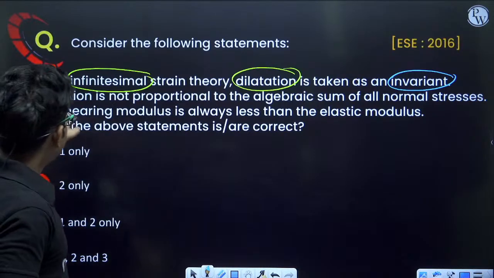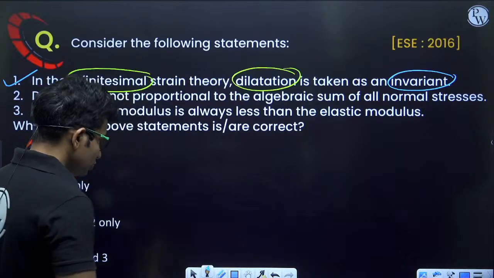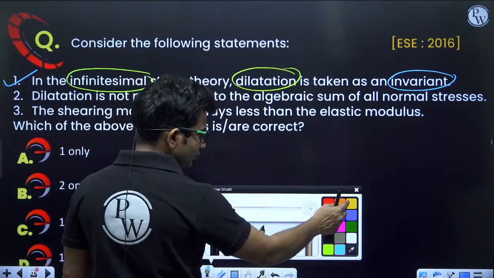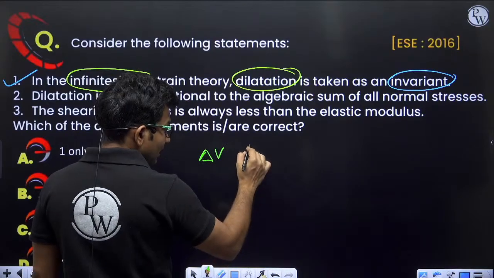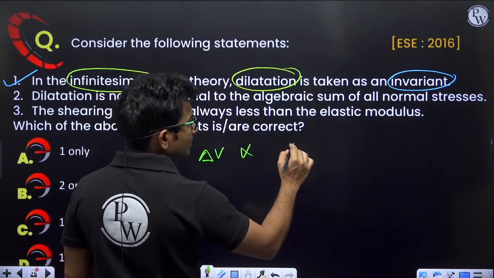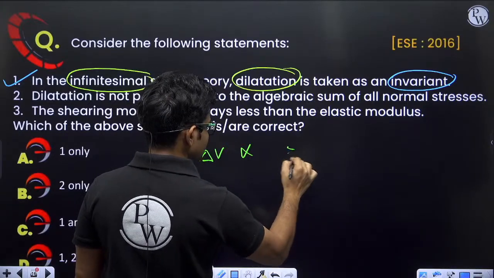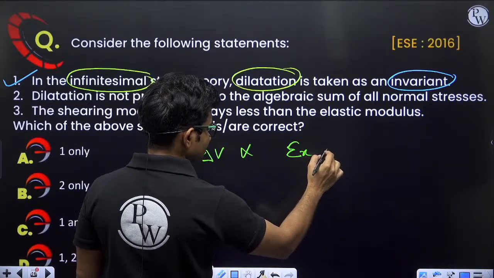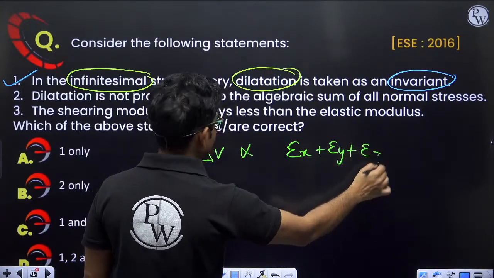Second statement: dilation is not proportional to the algebraic sum of normal stresses. Dilation, that means change in volume delta V, is proportional to the algebraic sum of normal strains, epsilon x plus epsilon y plus epsilon z.